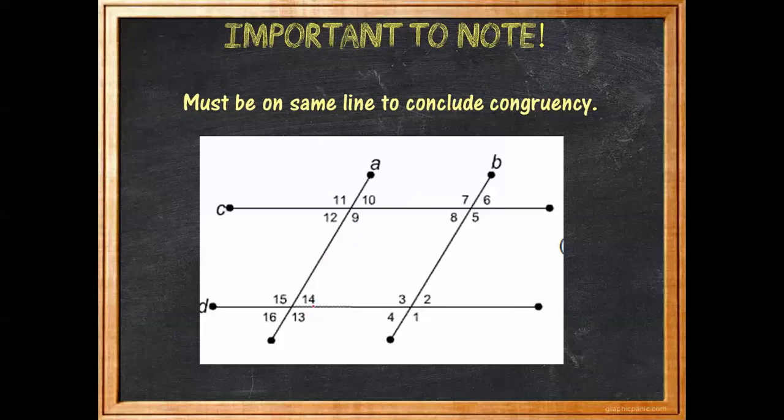So if we're talking about 9 and 14 being supplementary, then we can prove that these two lines here are parallel. We can't do anything necessarily if we're just given 9 and 3 are congruent. That doesn't really tell us about these two parallel lines, because 9 is an angle on a different transversal than 3 is.